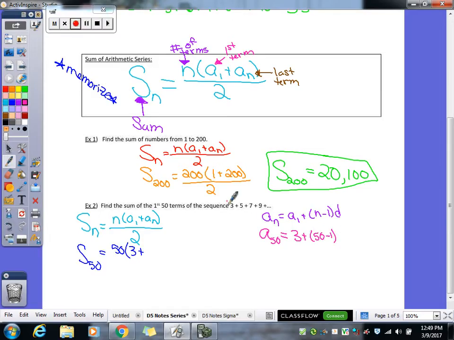What is our d? What are we adding each time? 2. Go ahead, figure out what our 50th term is going to be. So now we can plug in our 50th term of 101 and finish off our sum formula.